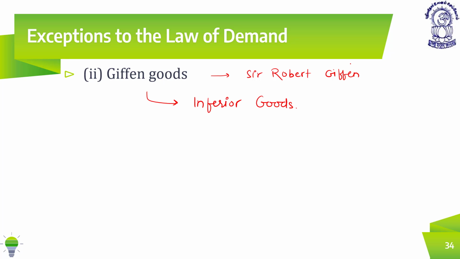What happens in case of inferior goods? So it has been observed that when the price of a given good increases, the demand does not fall. There is an increase in the demand.